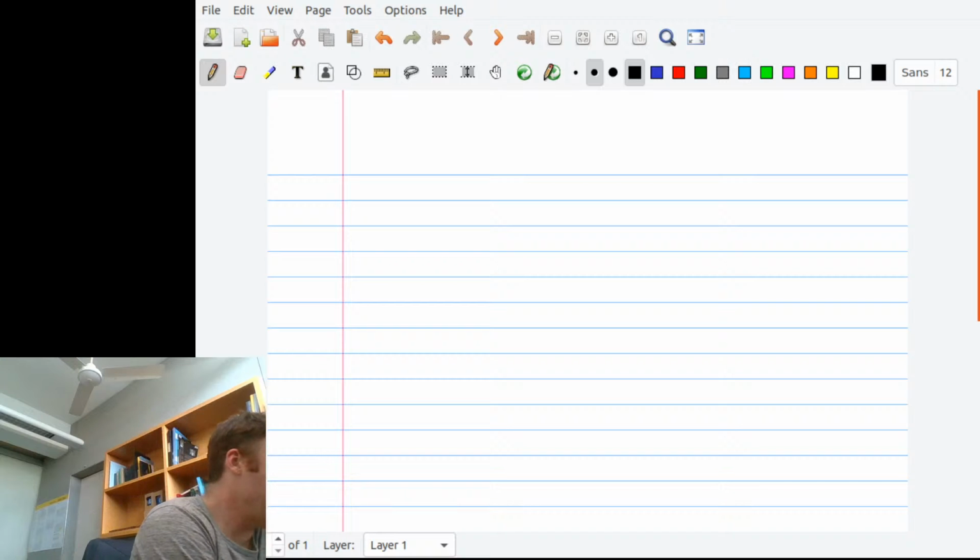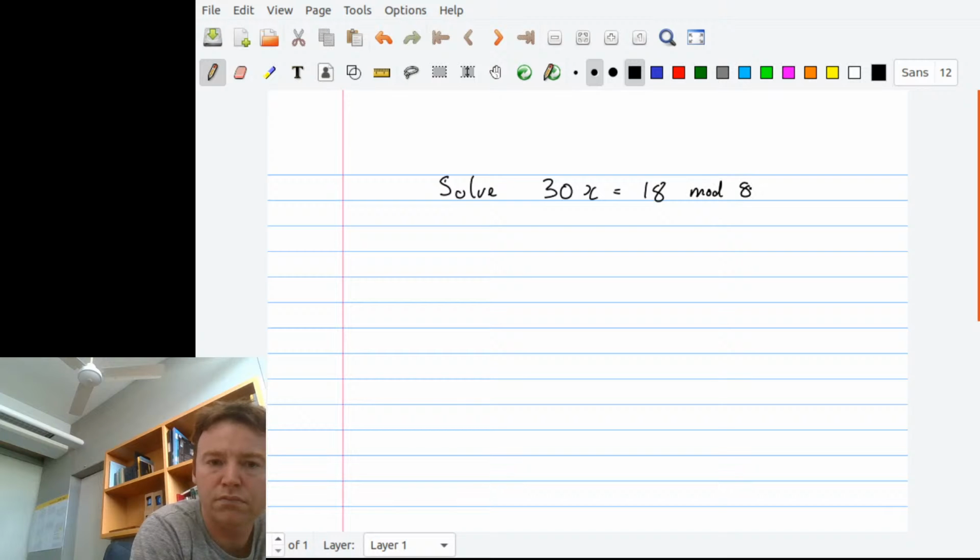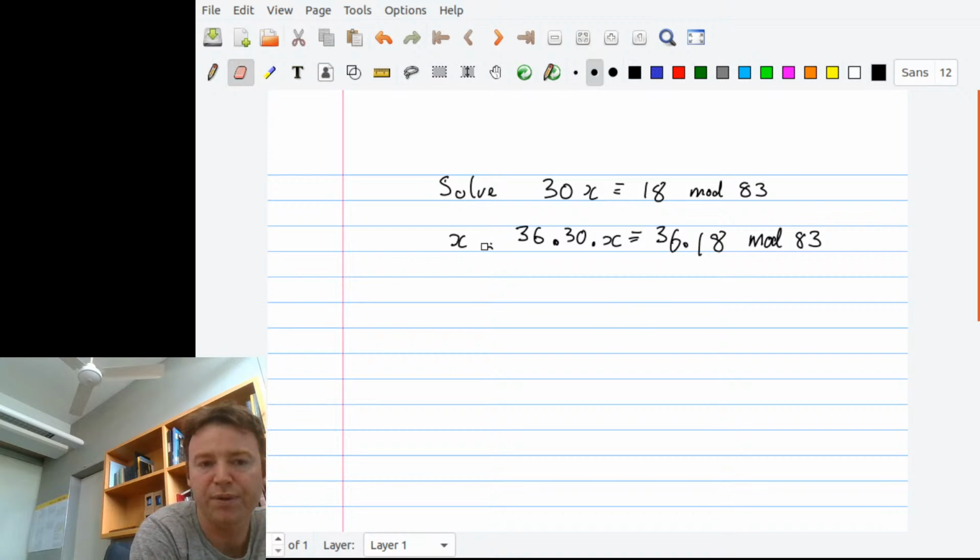So x is 36 times 30 times x, and this is just equal to x because 36 times 30 is just going to equal 1.